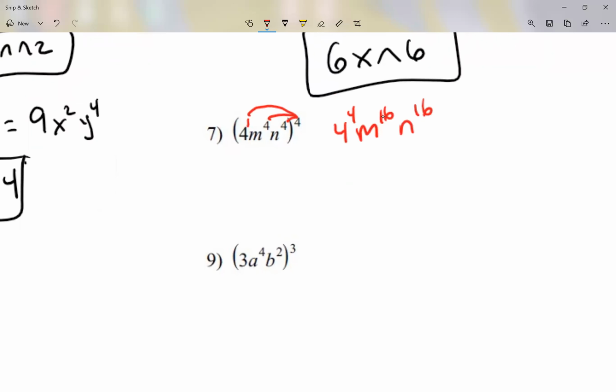I'm multiplying my numbers. Now, when it comes to numbers, 4 to the 4th, I'm going to multiply it. 4 times 4 times 4 times 4, right? So that's going to give me 256 m to the 16th, n to the 16th.